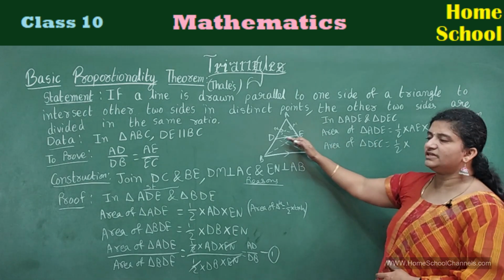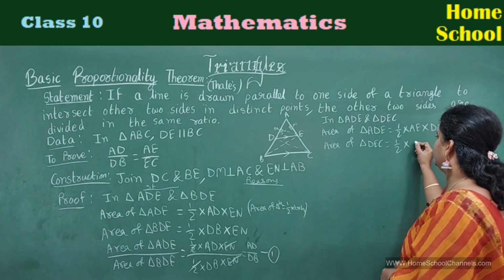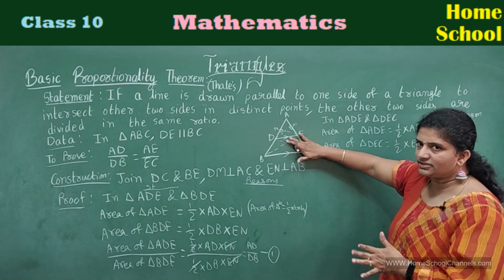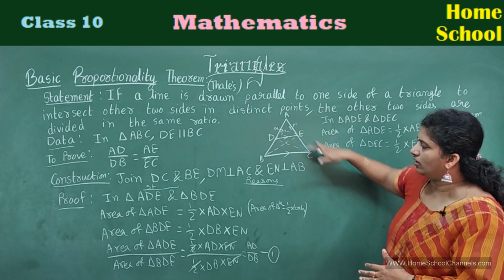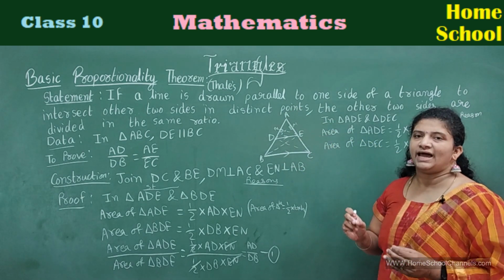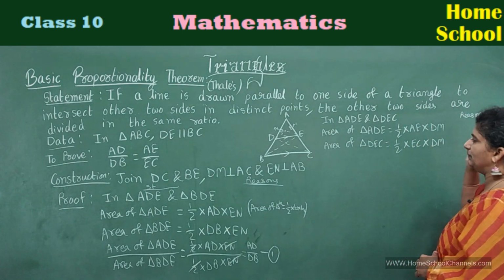What is the base for this triangle? Observe from this side. EC into. On this triangle I cannot see any height, but overall on AC line I can see a perpendicular, so that only you consider as a height into DM.